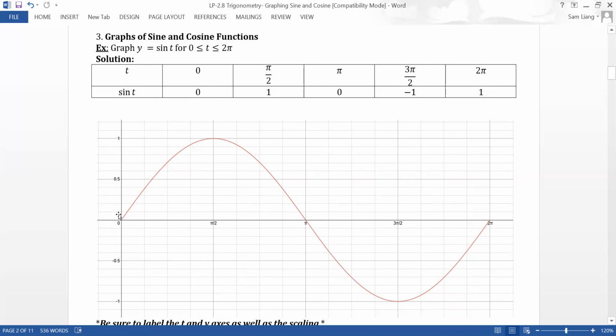We're going to plot these coordinates. We'll have 0, 0 here, then pi over 2, 1, then pi, 0, then 3 pi over 2, -1 is here, and then 2 pi, 0. And then sine will look like this.